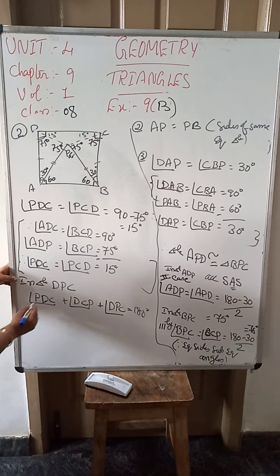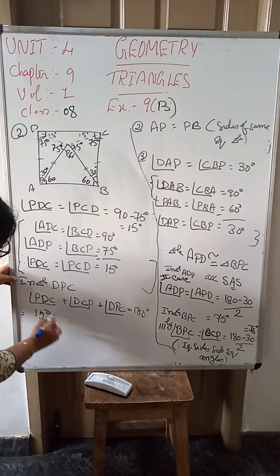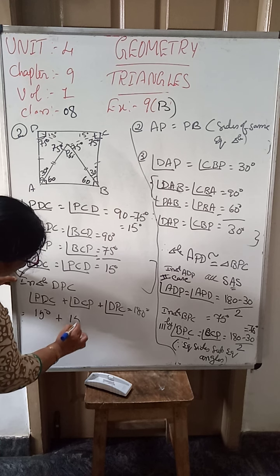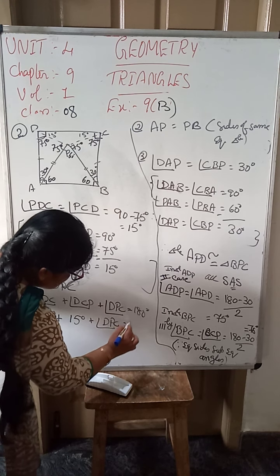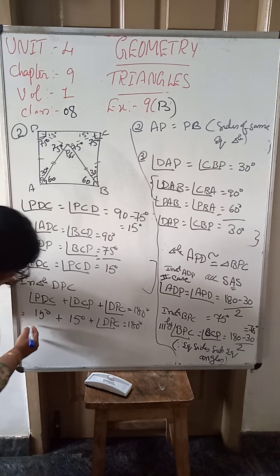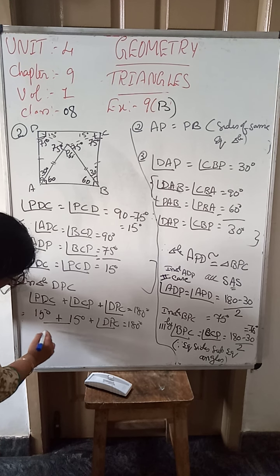Now let me write down: PDC 15 degree plus DCP 15 degree plus DPC, which we don't know, is equal to 180 degree. Now 15 plus 15 gives you 30 degree.